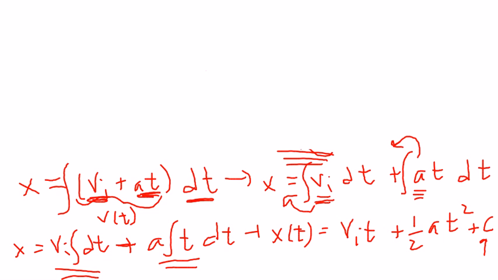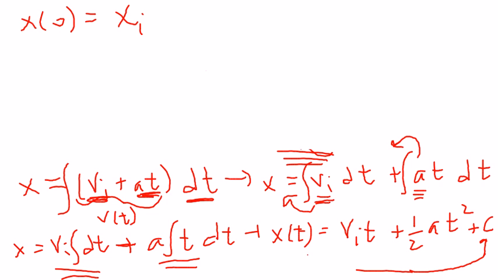Okay, so now down here we have a constant of integration to deal with. x of t equals v initial t plus 1/2 at squared plus c. So the question is, what is that c? c is the value when the time value is 0. So x of 0 is always your initial value. What was your position at 0 seconds? Whatever your value was at 0 seconds, you call that the initial value.